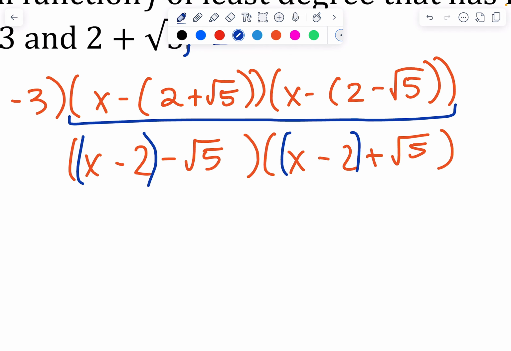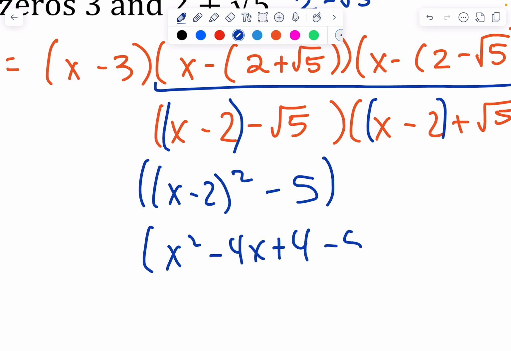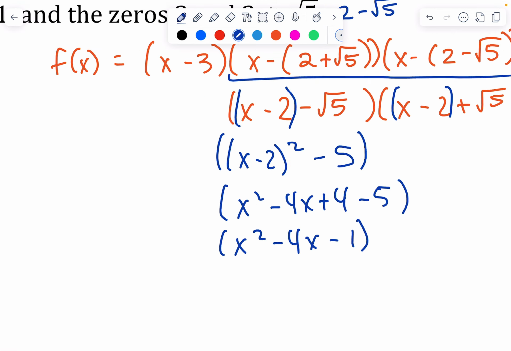So first, x minus 2 times x minus 2 is x minus 2 squared. Last, -√5 times +√5 is just minus 5. And then when I multiply out x minus 2 squared, I get x squared minus 4x plus 4, and I still have the minus 5 on the outside, so that's x squared minus 4x minus 1.